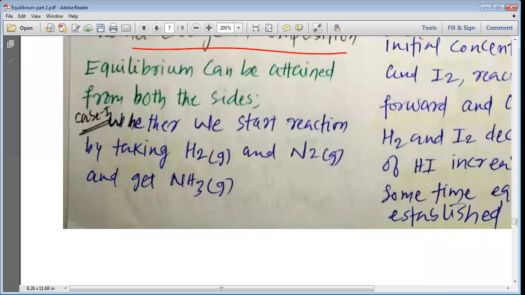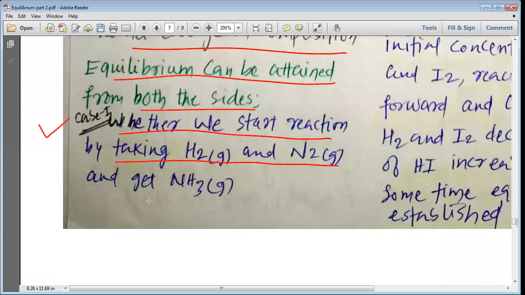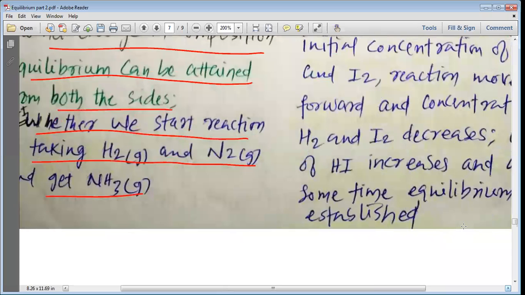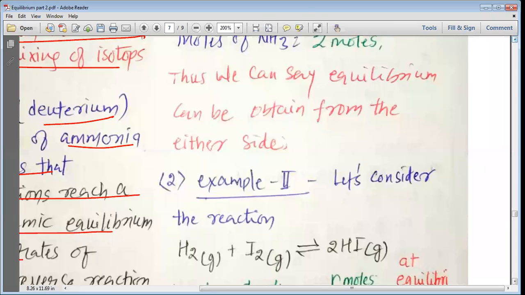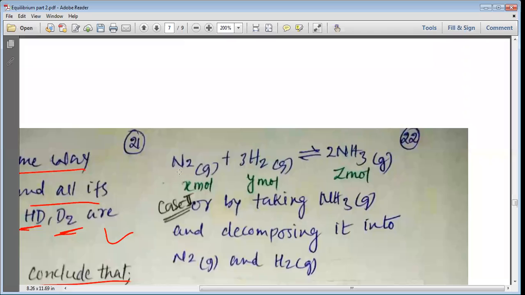We can even understand that equilibrium can be obtained from both sides. In the first case, whenever we start the reaction between nitrogen and hydrogen, we get ammonia, my dear students. So N2 plus 3H2 gives 2NH3.